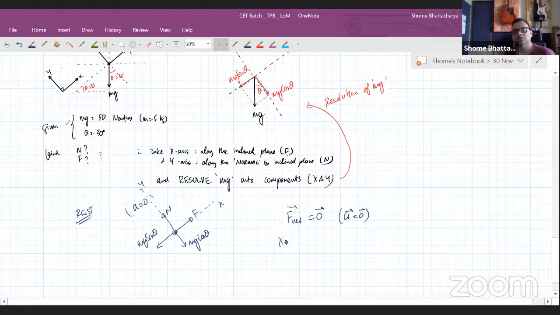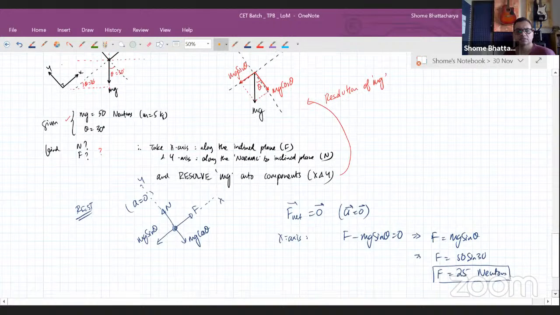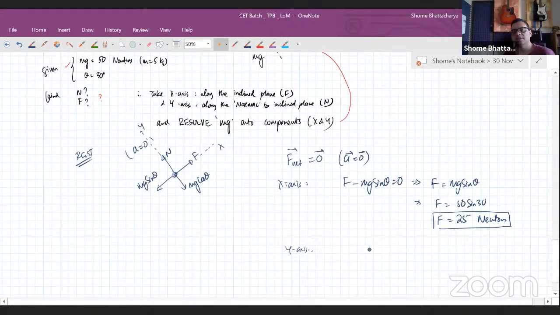So along the x axis, we have F minus mg sin theta is equal to 0. That means F should have a magnitude equal to mg sin theta. So that means F should have a magnitude of 50 into sin 30. So that means 25 newtons. That is the magnitude of F. And similarly, along the y axis, we have N minus mg cos theta equal to 0.